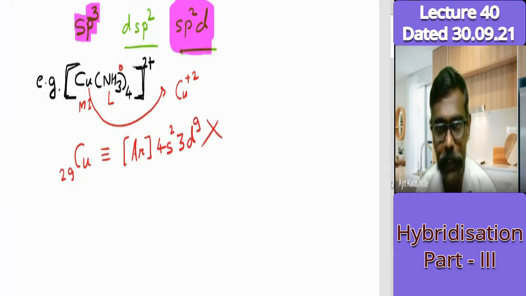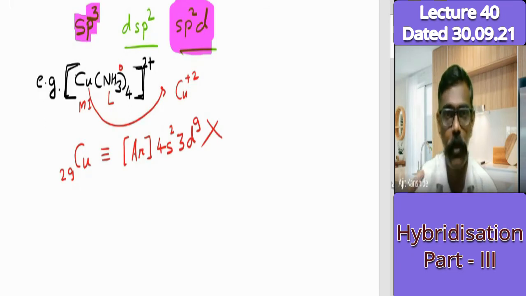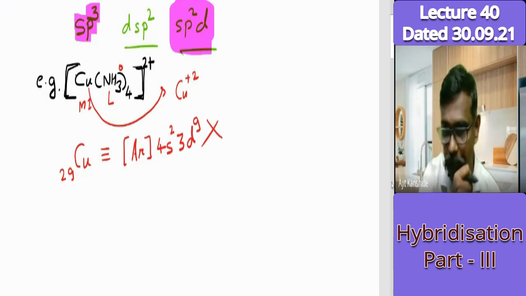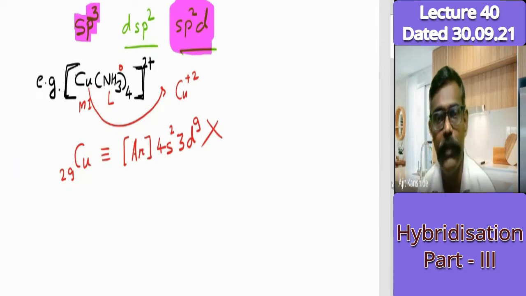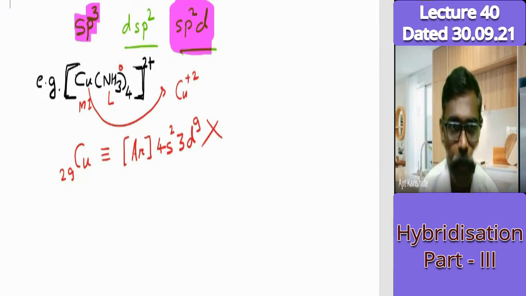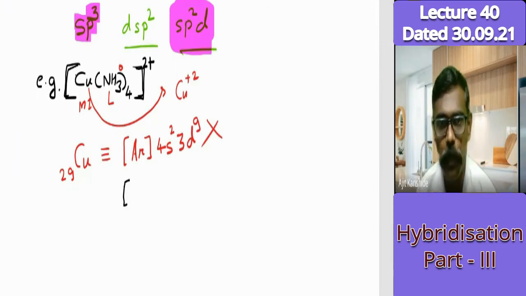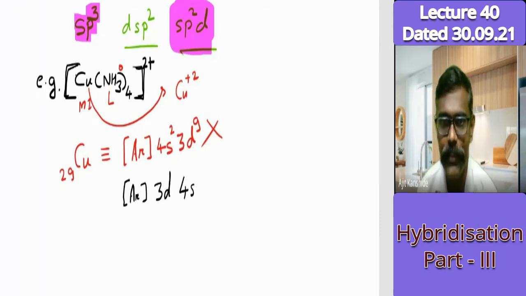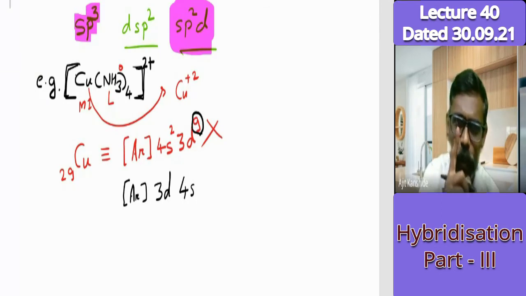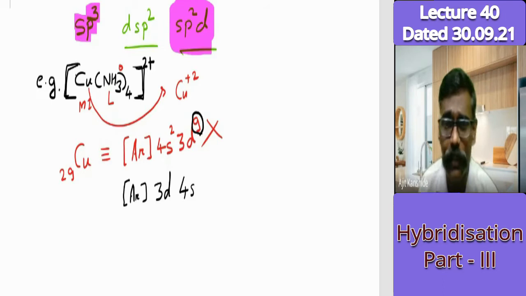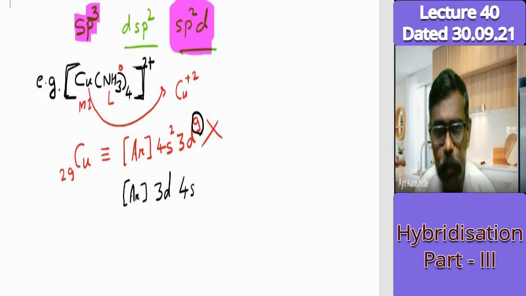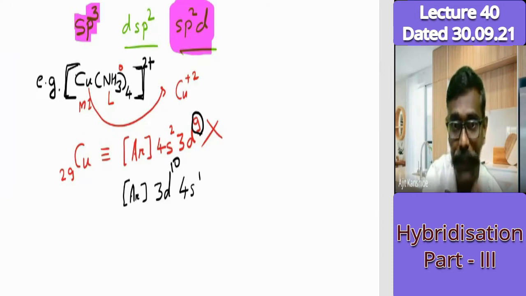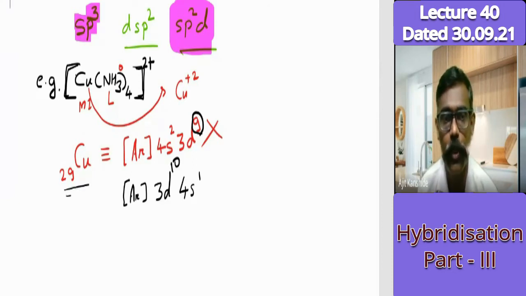Here only 9 electrons are in the d orbital, so it needs only 1 electron to complete it. So preference is given to the 3d10 and then 4s1. This is the electronic configuration for the copper atom.